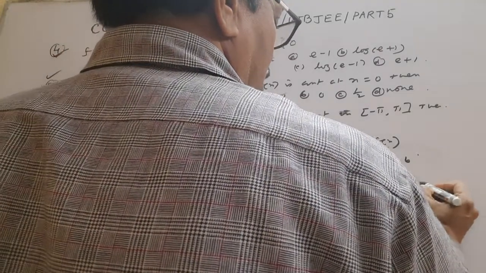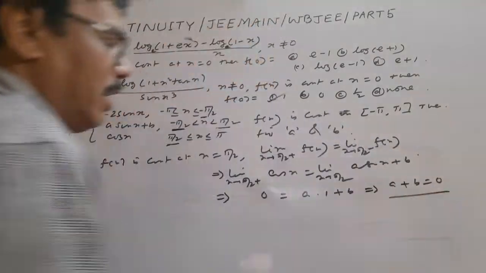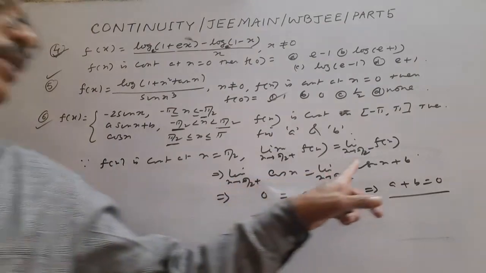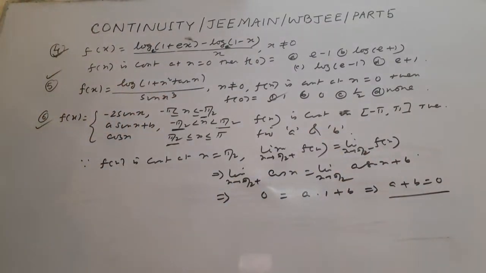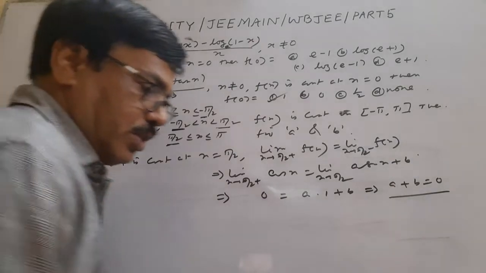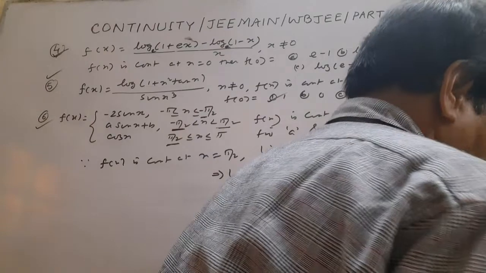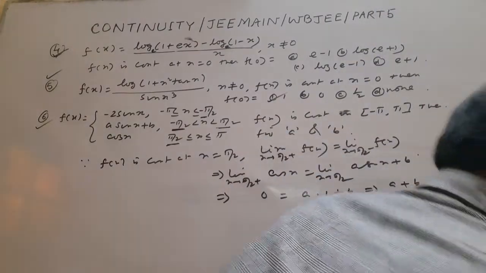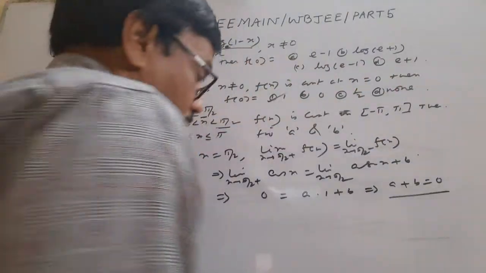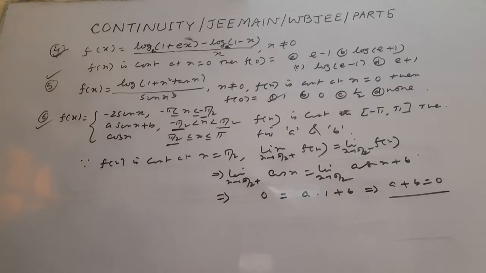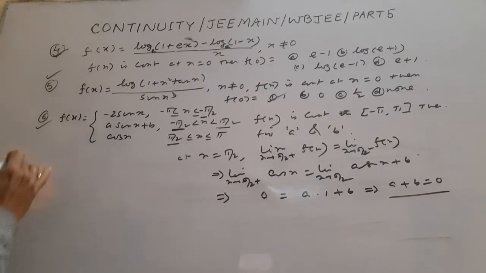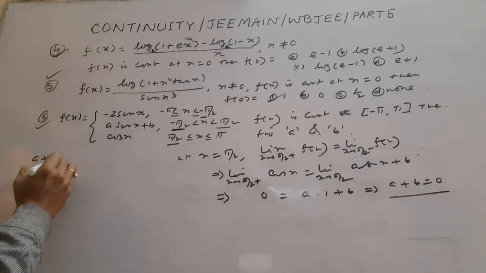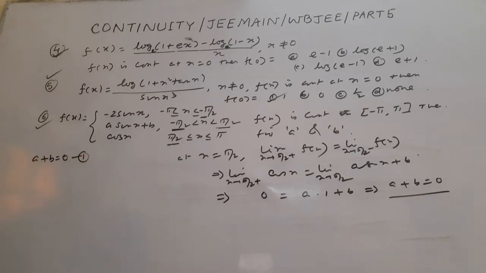So we are getting one equation, that is a plus b equals 0. So one condition is a plus b equals 0. Call it 1.